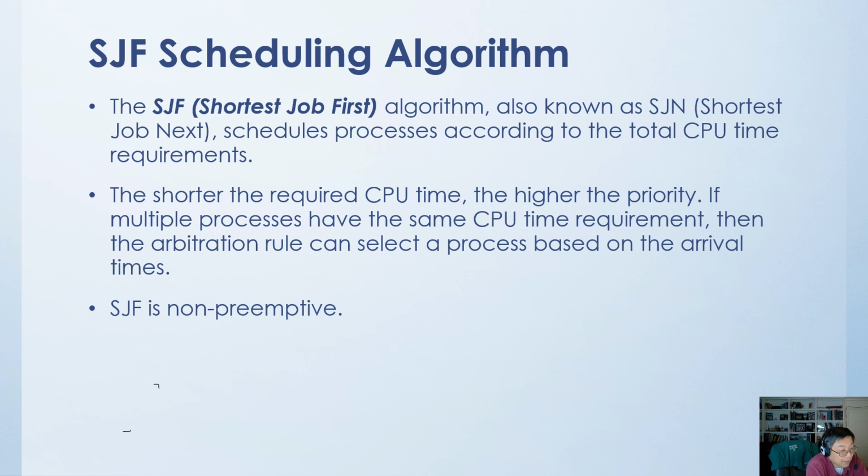So now we have seen that FIFO has a problem, because when a process with long CPU time arrives before a process with a short CPU time, then the average turnaround time or average waiting time can be very big, which is a bad thing, right?